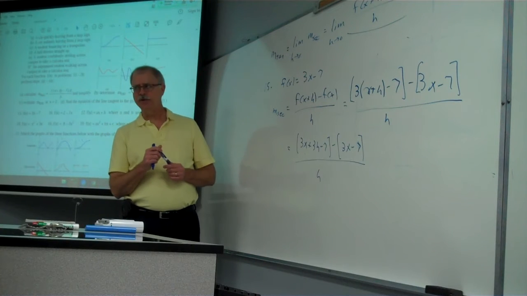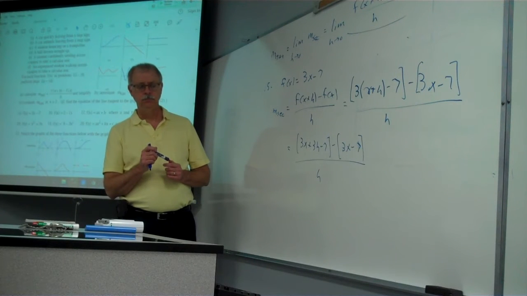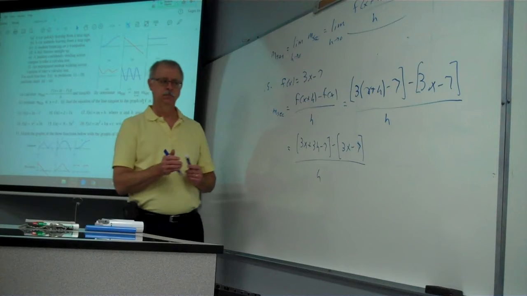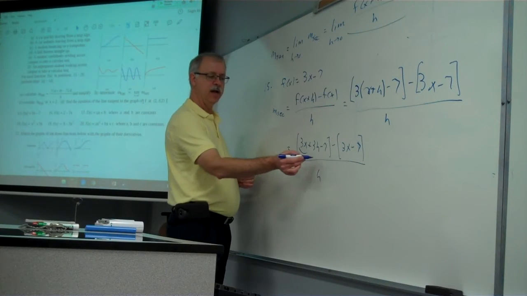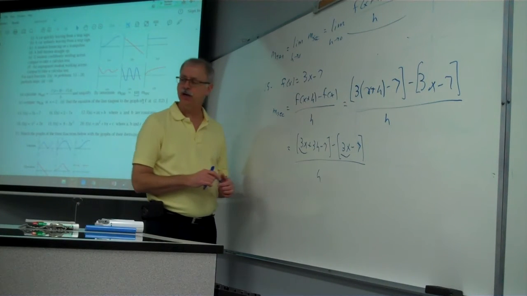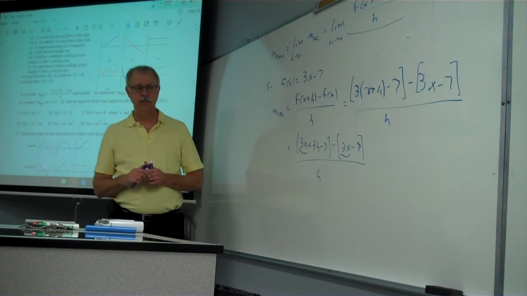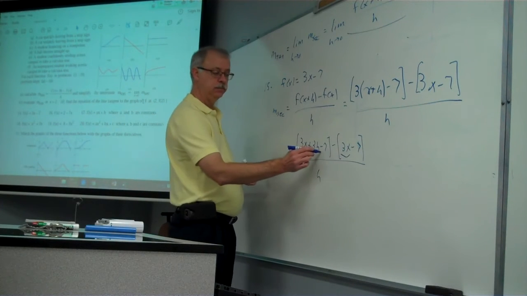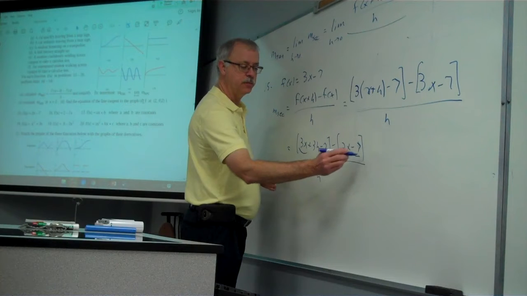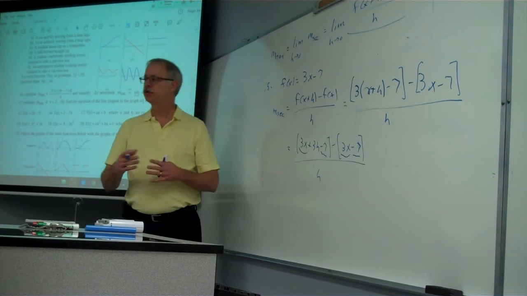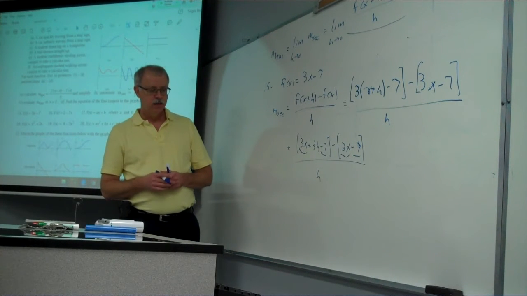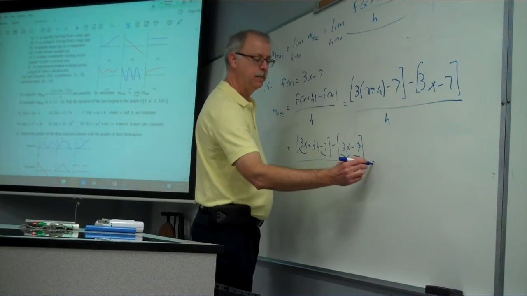Do we see any simplification? Let's see, I've got a 3x, and a little bit later a minus 3x. That's going to go away. Got a minus 7, minus another minus 7. That goes away. The 3h does not.